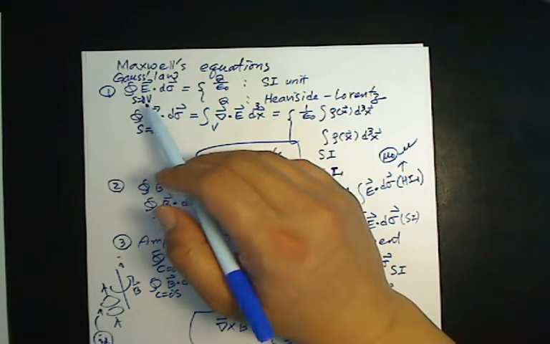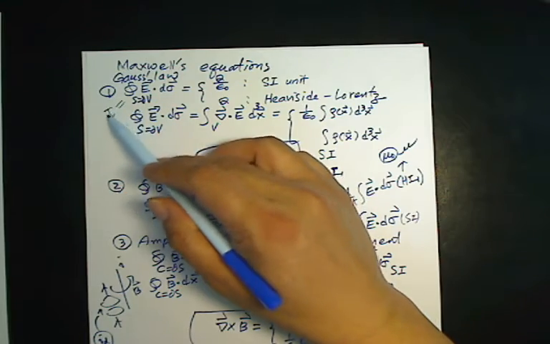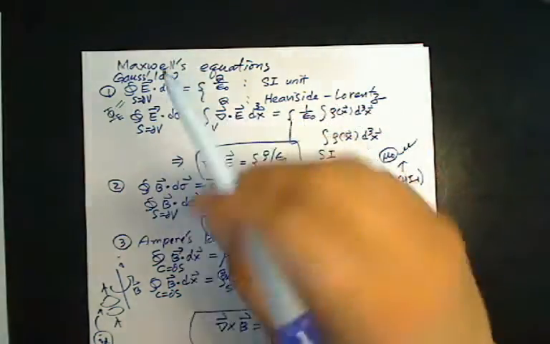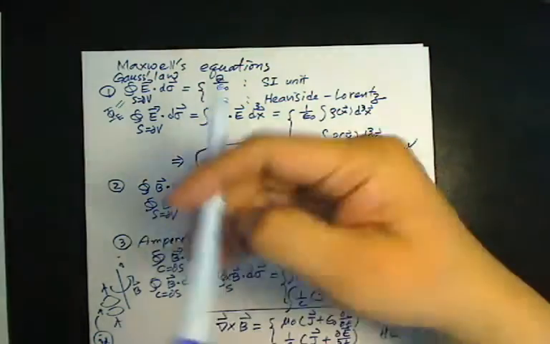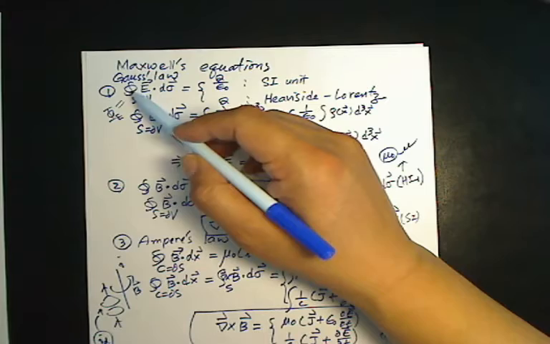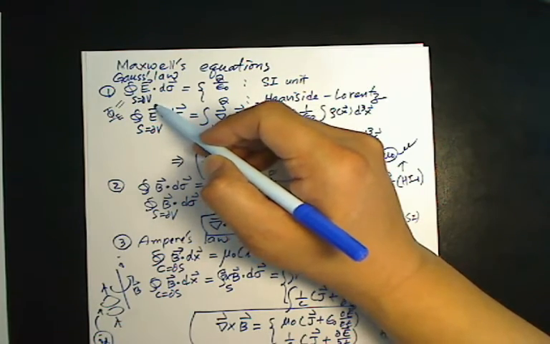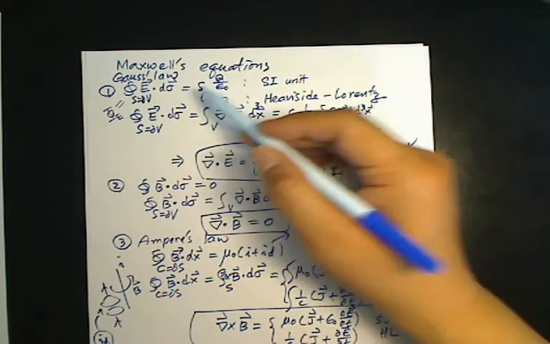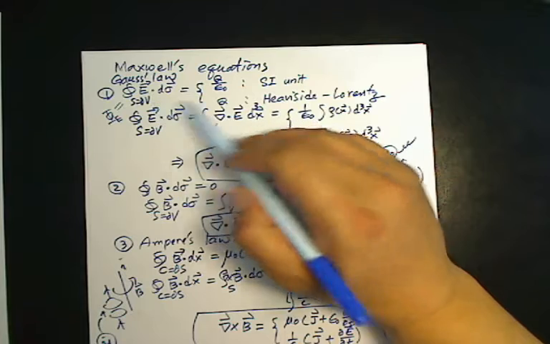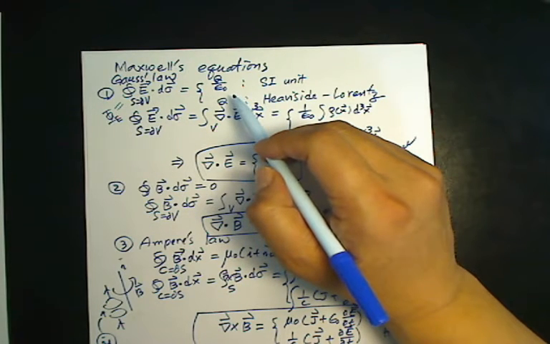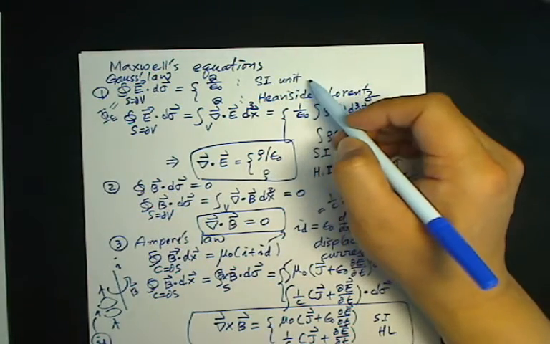The left-hand side is the flux of E, the electric field flux integrated over a closed surface which encloses the volume V. It is equal to the charge enclosed inside the volume V divided by the electric permittivity constant in the SI unit system.